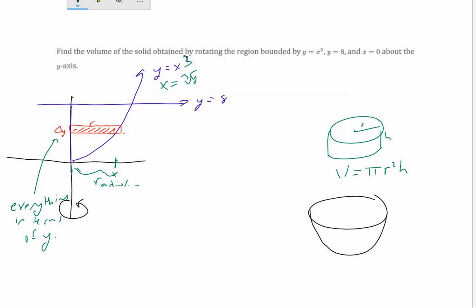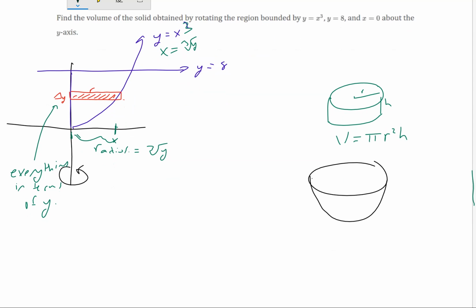So my radius is the cube root of y. Setting up my equation for the volume of that little rectangle, it is pi times the radius squared times the height.